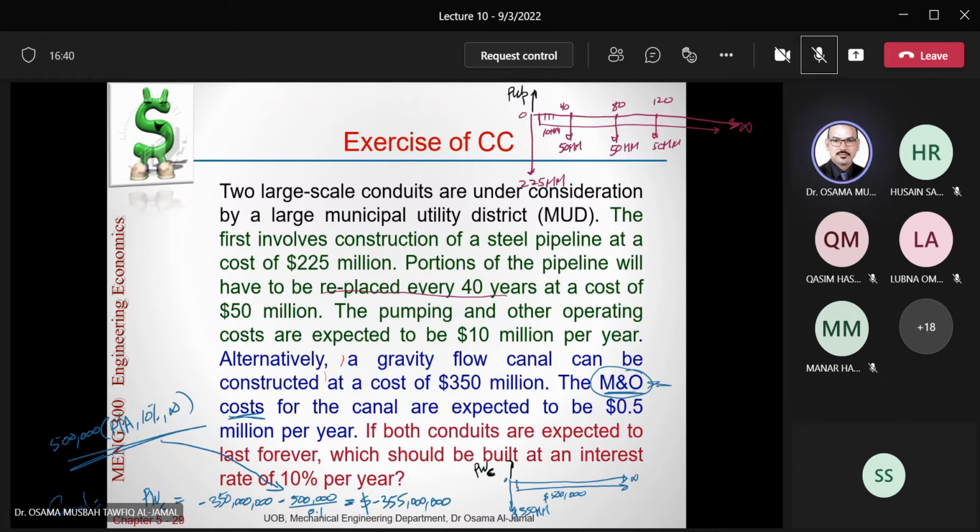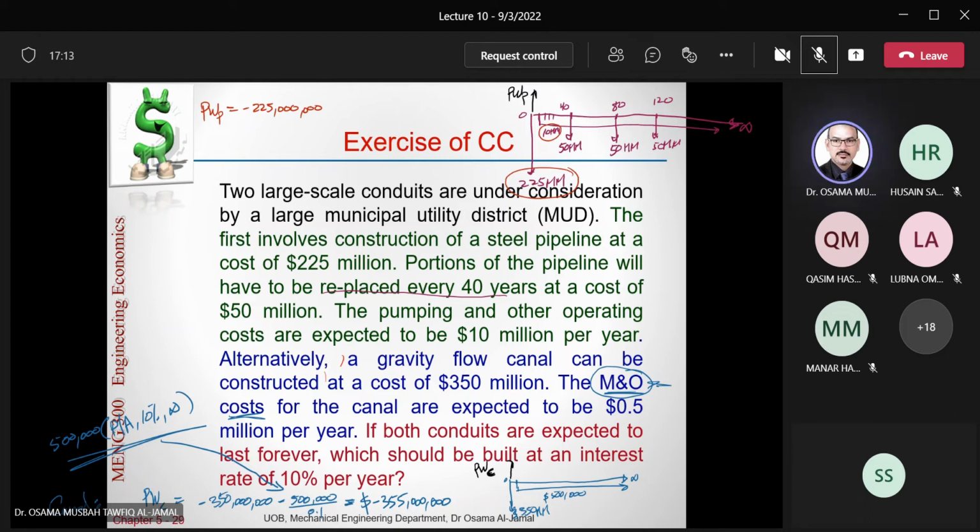Okay. Come to the first question here, to find the present worth for P, constructing a pipeline. We have exactly the same. For the first one, negative 225 million.